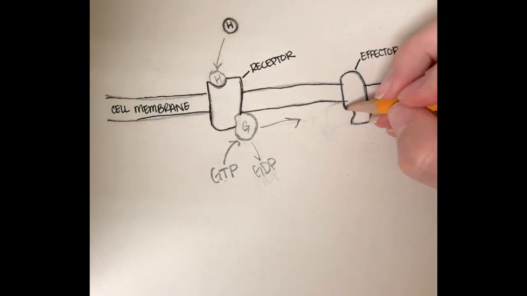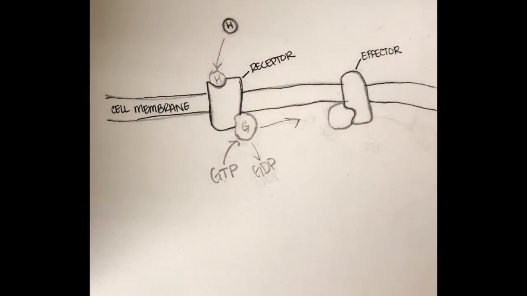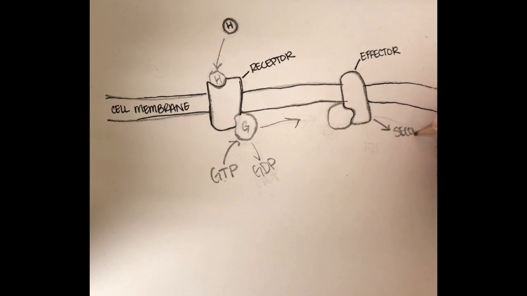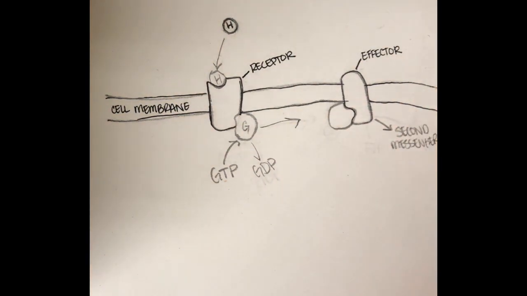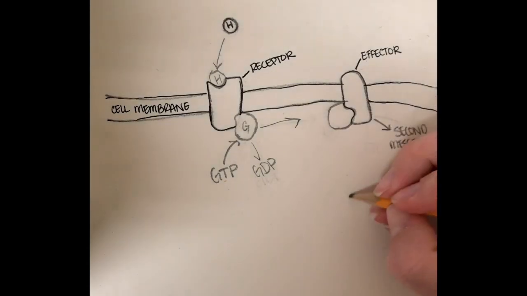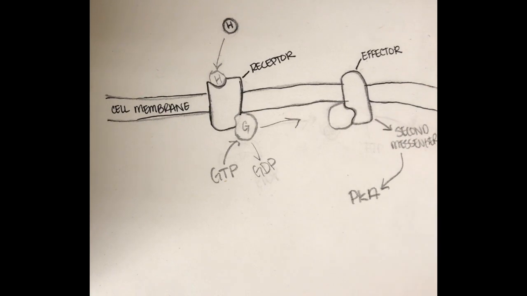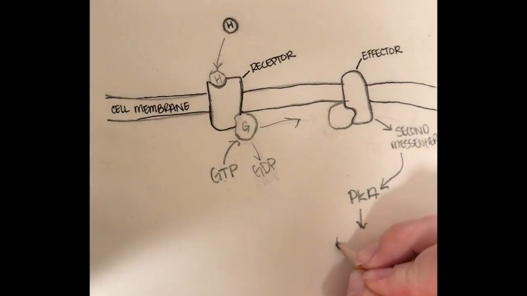The G protein then binds to the effector, which will then proceed to produce the second messenger. The second messenger will then travel within the cell to activate protein kinases, which are responsible for later triggering any sort of response from the cell.